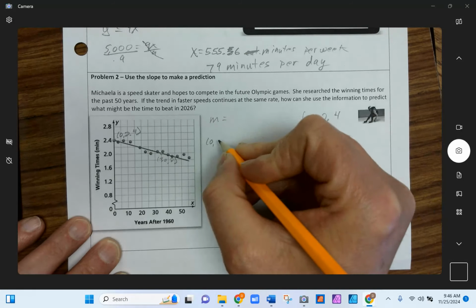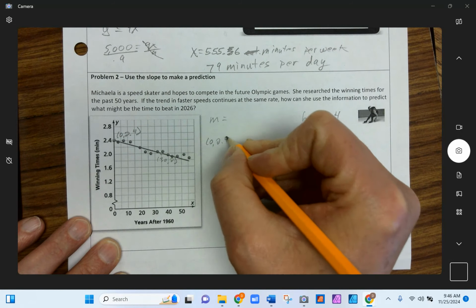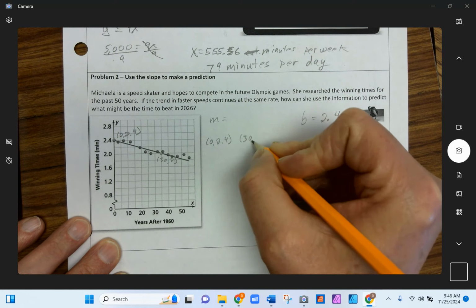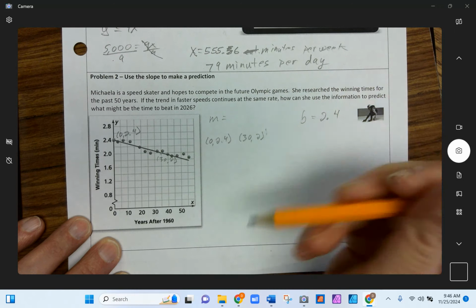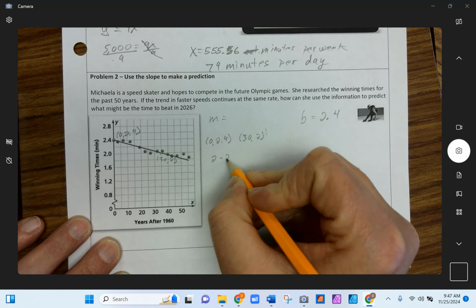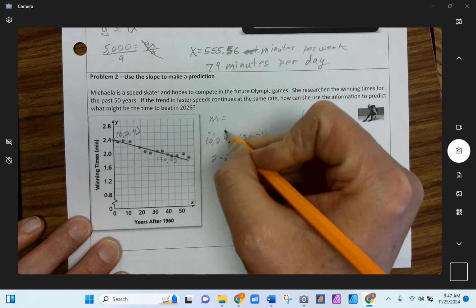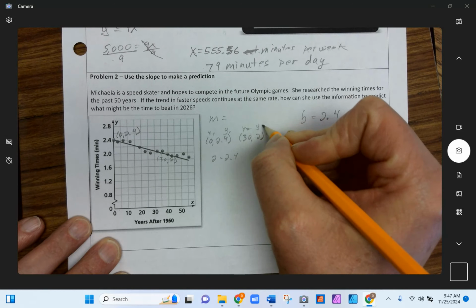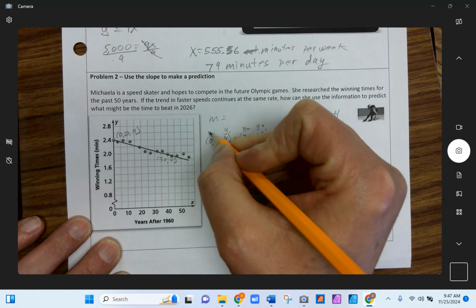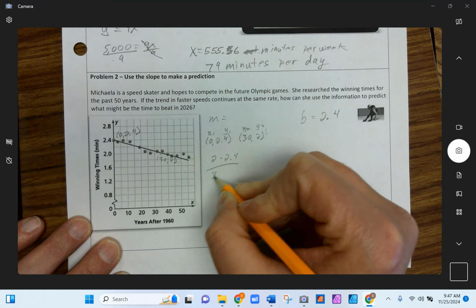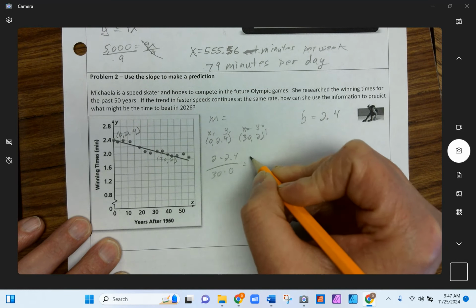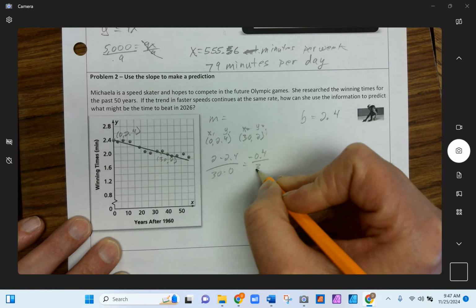Okay, so then 0, 2.4, and then 30, 2. So then we're going to say 2 minus 2.4, because that's our y2 and y1, x2 and x1, right? So 2 minus 2.4 on top, and then 30 minus 0 on the bottom. Okay, so that's negative 0.4 divided by 30.